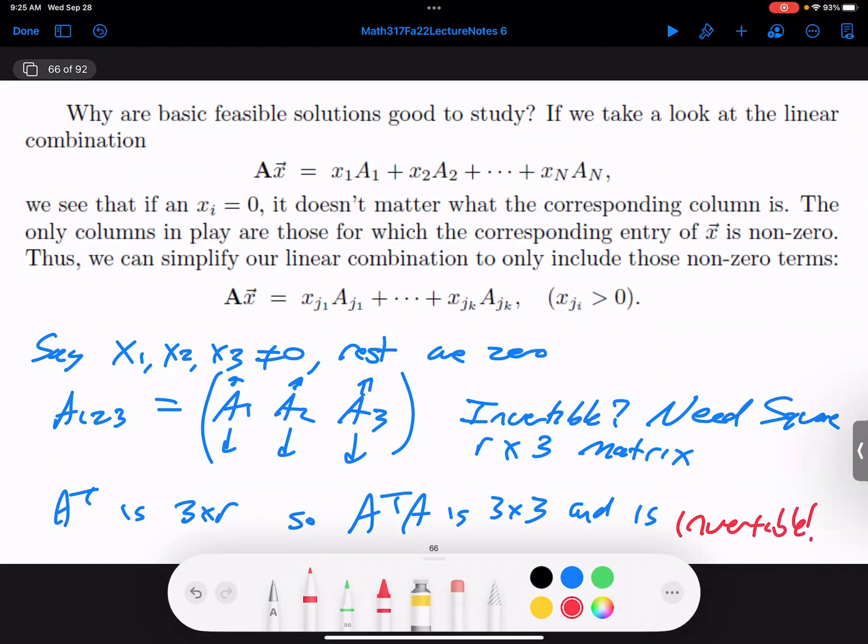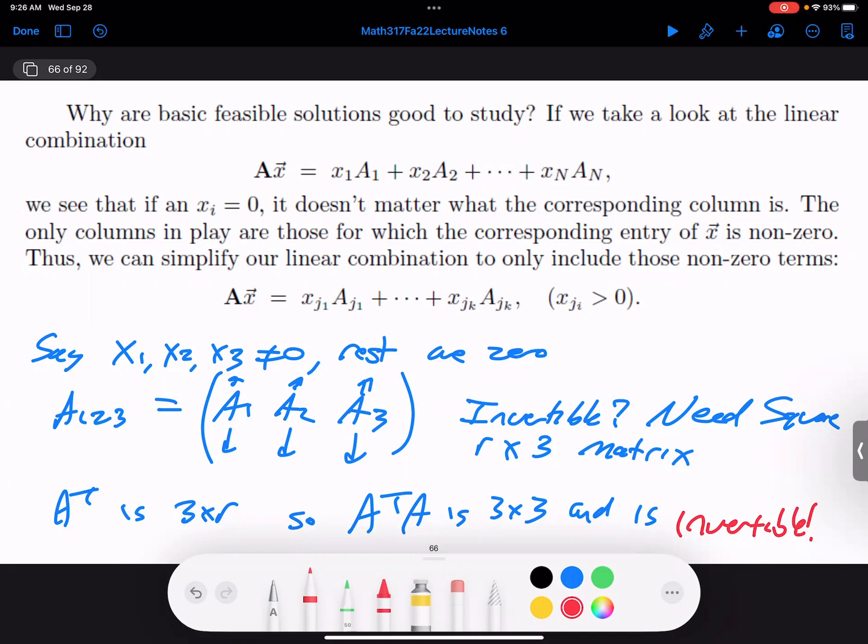So that sounds like a theorem from linear algebra. That if I take 3 linearly independent columns, as long as R is at least 3, right? If R is 1, well, they can't be linearly independent. R has to be at least 3, because we're assuming that the columns are independent. So if I take 3 independent columns and I form A transpose A, that's going to be invertible.